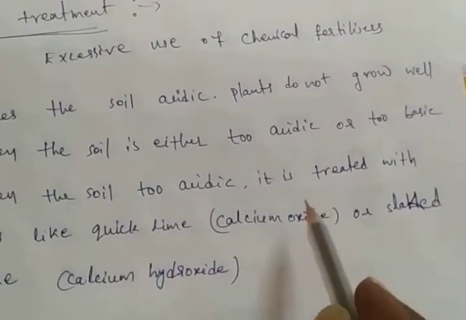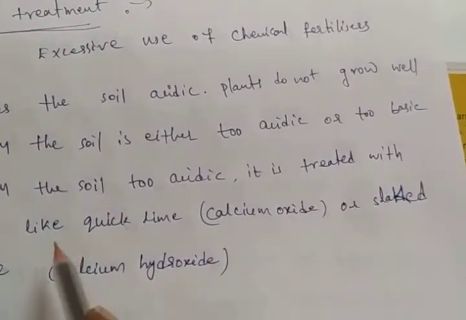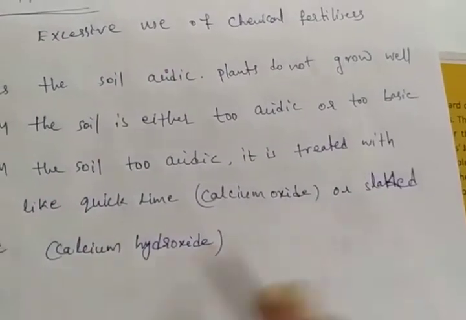Here, when the soil is too acidic, it is treated with bases like quicklime or slaked lime.